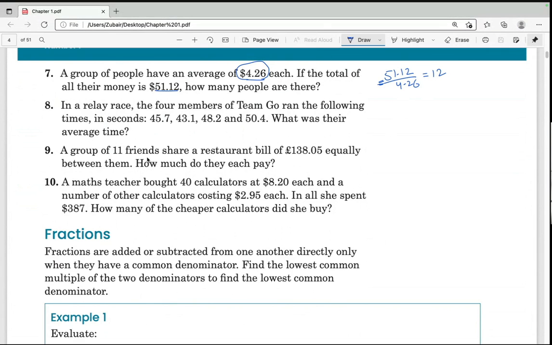In a relay race, the four members of team ran the following times in seconds: 45.7, 43.1, 48.2, and 50.4. What was their average time? How do we find the average?